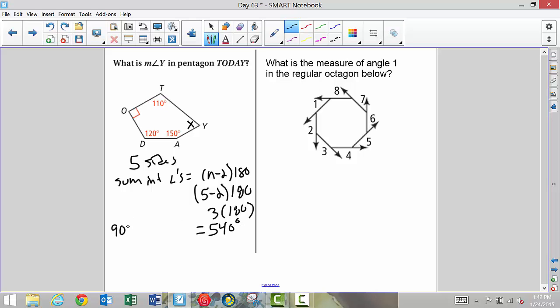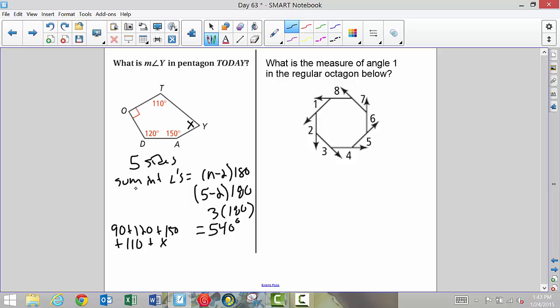Well, I know that one is 90, one is 120, one is 150. Another one is 110, and another one is x. So instead of setting it equal to 180 as with a triangle, with any other shape you have to find the sum of all angles by using your n minus 2 times 180 formula to set up your equation. So we do 90 plus 120 plus 150 plus 110.